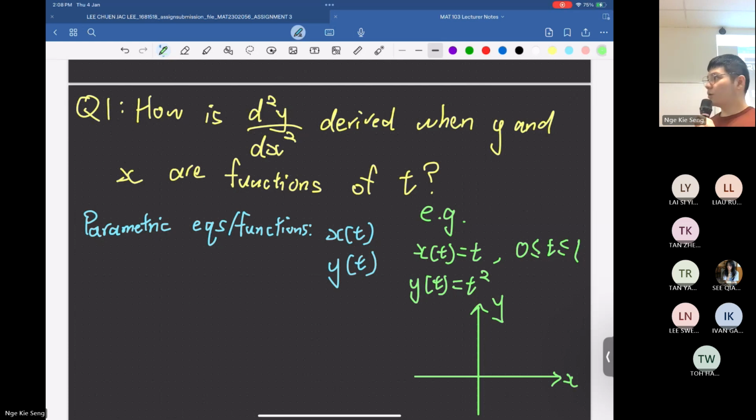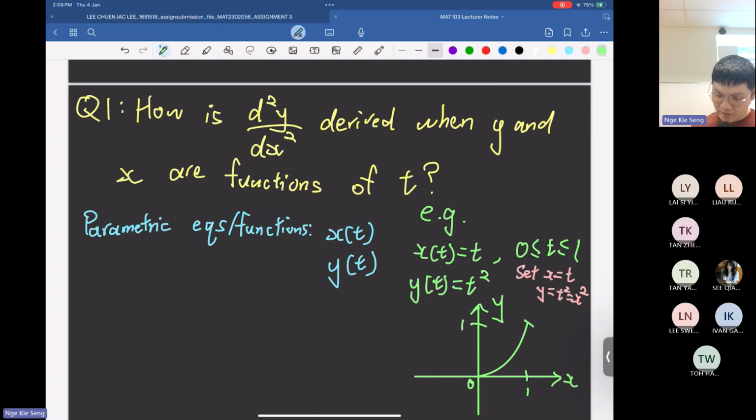Yeah, parabola, right? Because if you set x equal to t, y is just t squared, which is x squared. So you will get a parabola. It's t from 0 to 1.